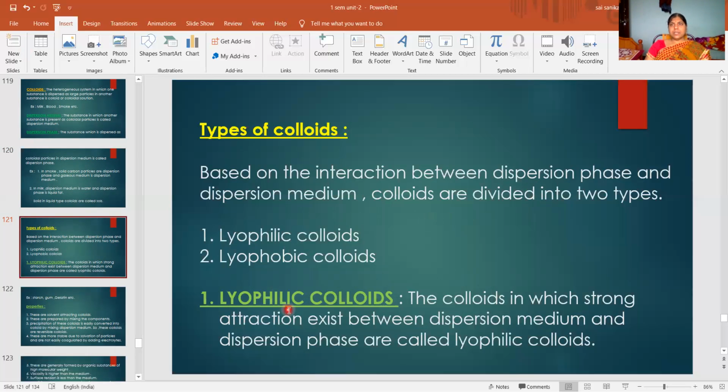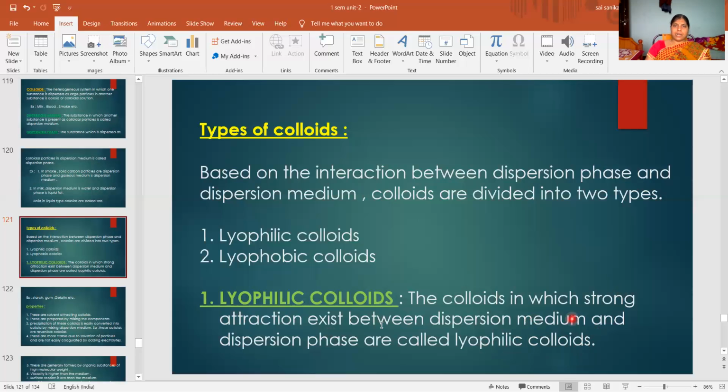So the first one is lyophilic colloids. The colloids in which strong attraction exists between dispersion medium and dispersion phase are called lyophilic colloids.